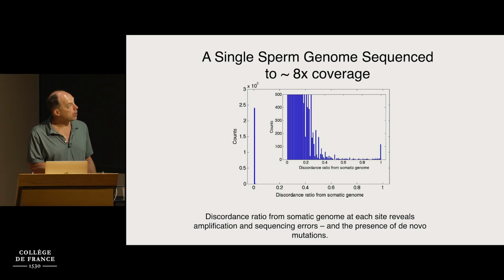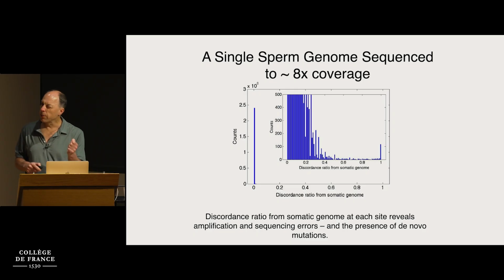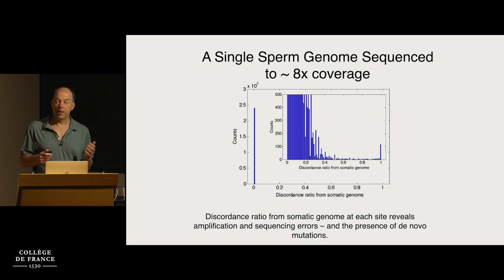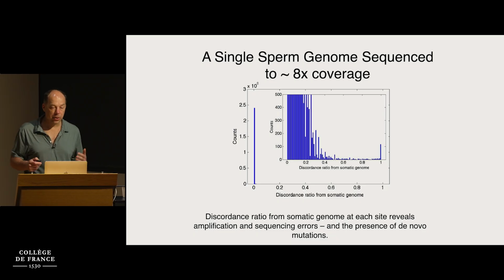But if you go all the way out to here, you see, whoa, there's a small number of places in the genome, about 100 places, where the discordance ratio is 100% wrong. Like at that site, every single read disagreed with the reference of that individual. We spent a lot of time trying to understand that.